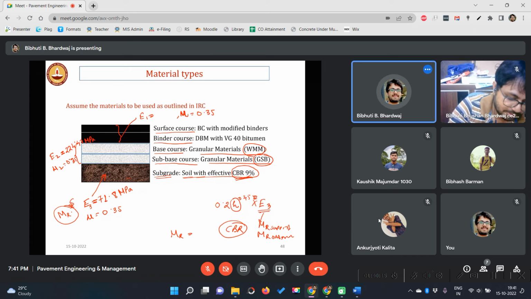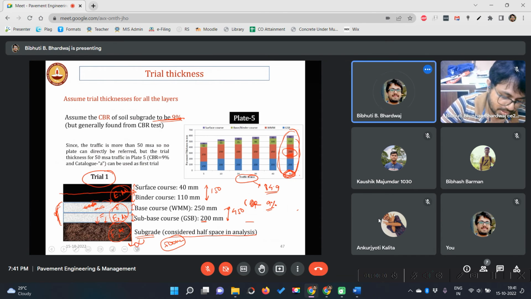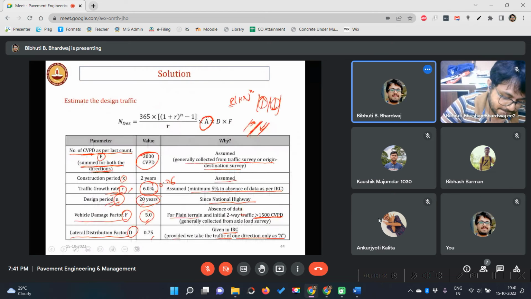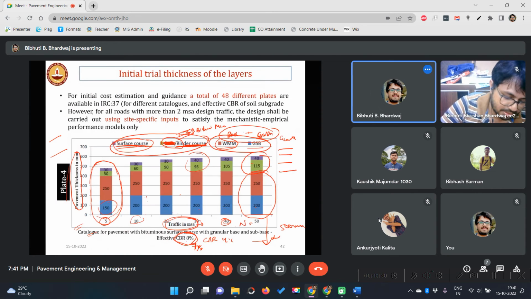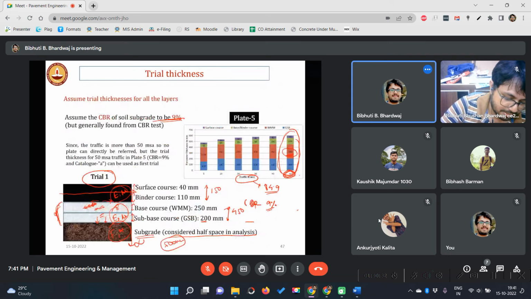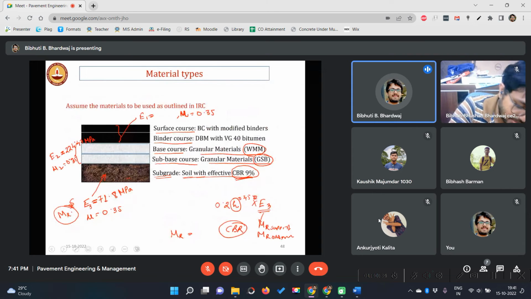What will be E1? Here we have seen it's PG40 and modified bitumen. So 3000, okay, 3000 MPa.